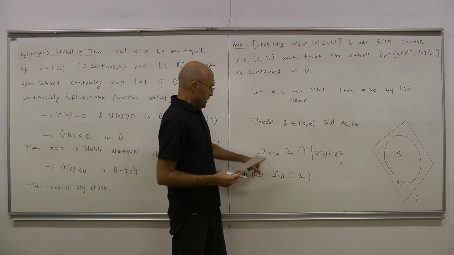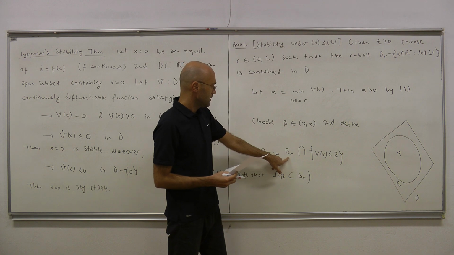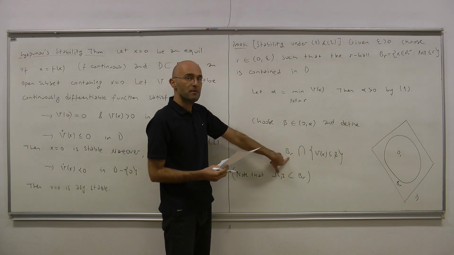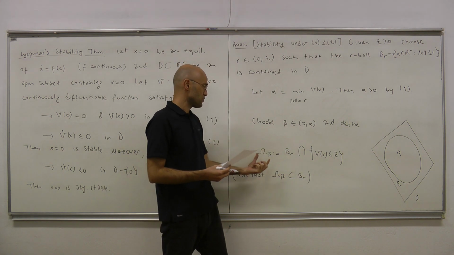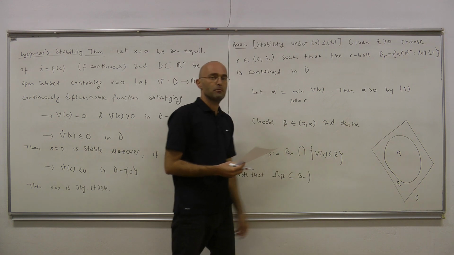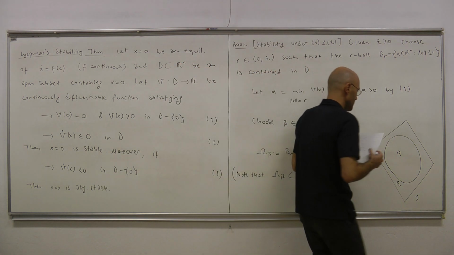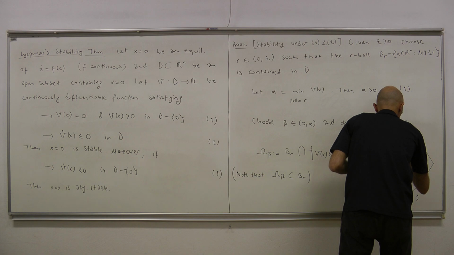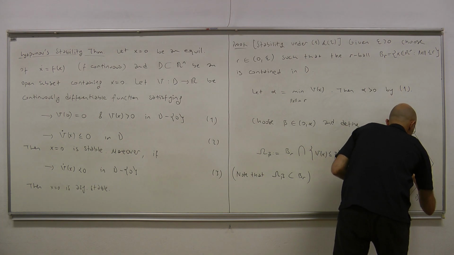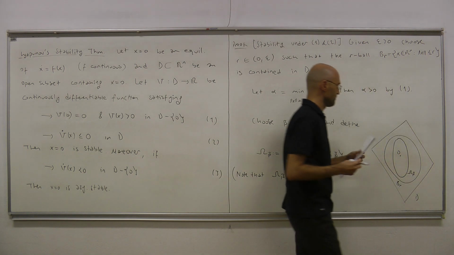Since it's constructed by intersecting B_R with something, in our picture it has to be somewhere within B_R. So roughly, let's put it somewhere here, and this is our omega beta.